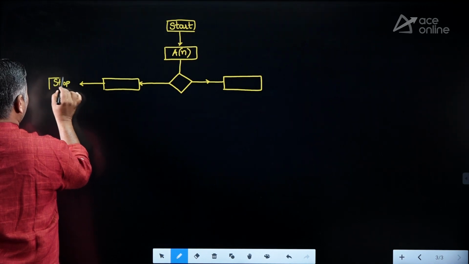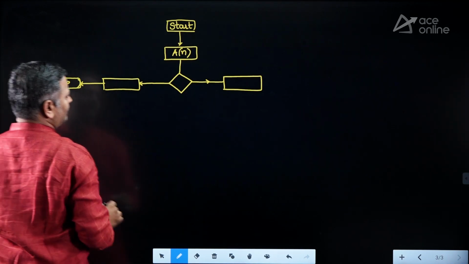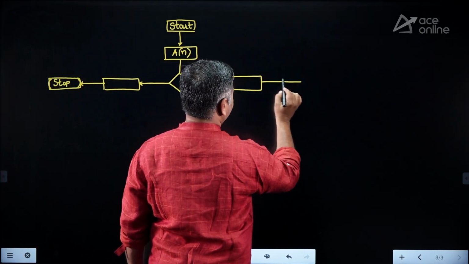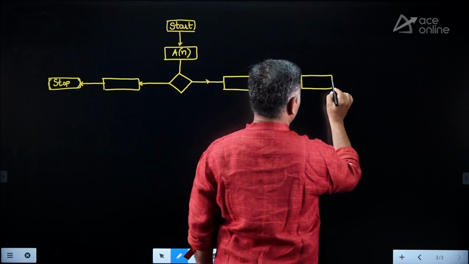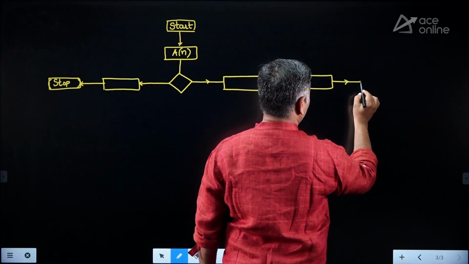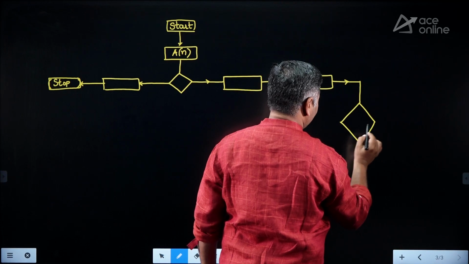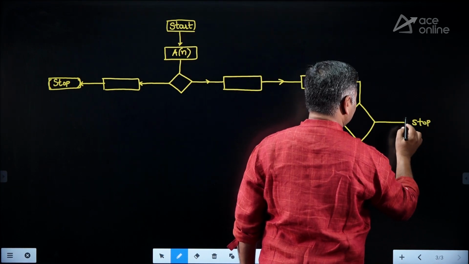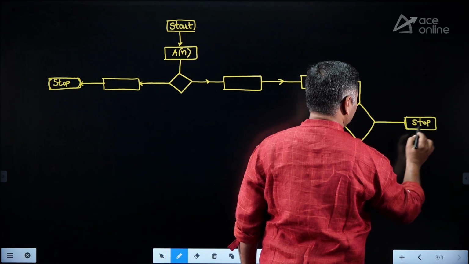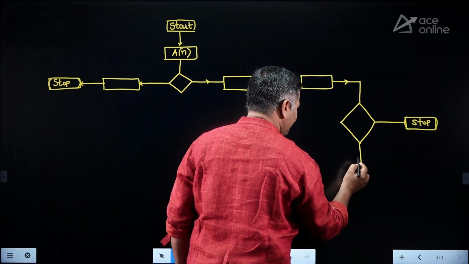I hope you remember this problem. Again test the condition. If the condition is true, we can stop. I am not drawing the diagram properly, so please understand this point, friends.